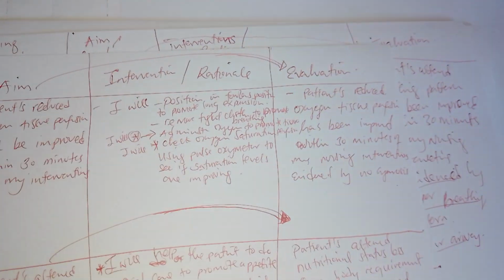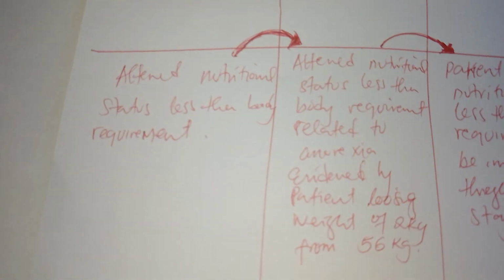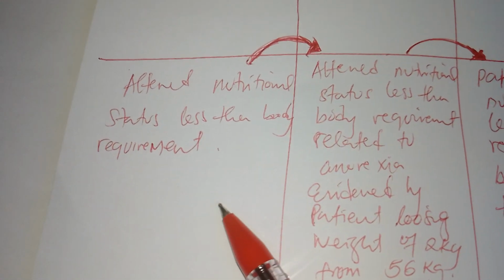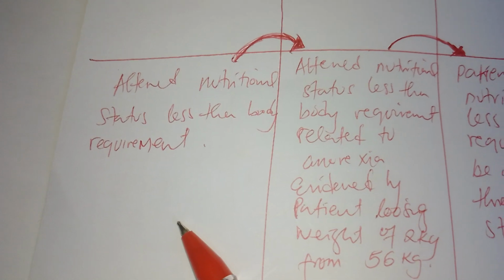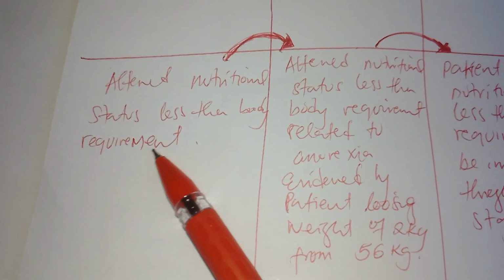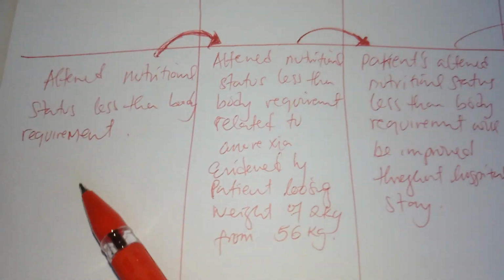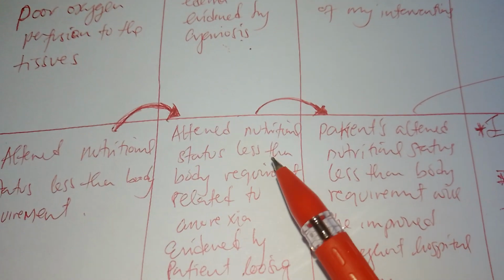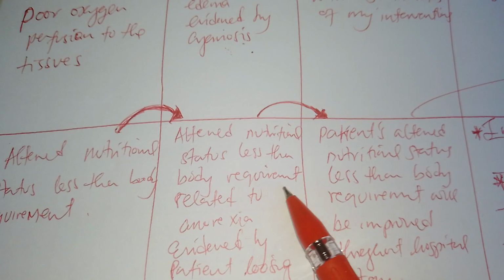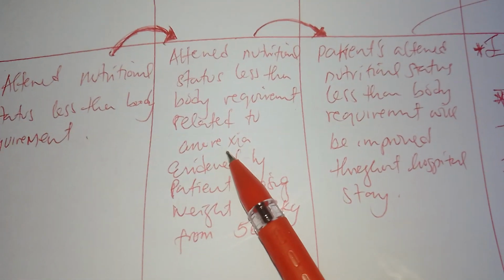Then our next problem is altered nutritional status, less than body requirement. I said this one you always have to state whether it is less than or more than body requirement. Then our diagnosis will be altered nutritional status, less than body requirement related to anorexia.